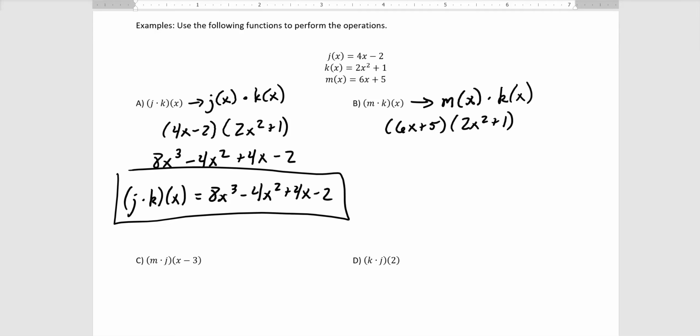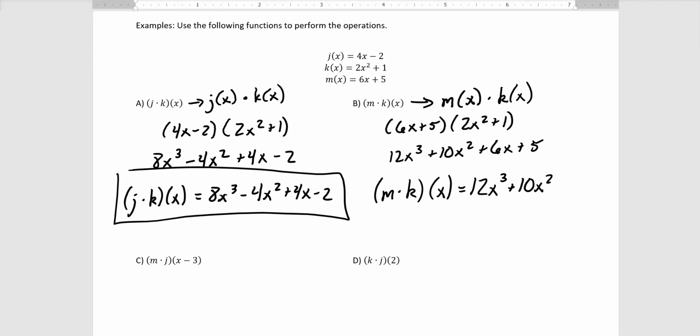So let's multiply these out. 6x times 2x squared would be 12x to the third. 5 times 2x squared is 10x squared. 6x times 1 is 6x, and 5 times 1 is 5. So I have m times k of x equals, no like terms to combine, so we can just rewrite our answer here, 12x to the third plus 10x squared plus 6x plus 5.